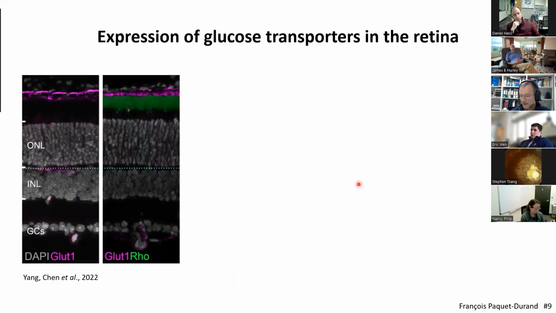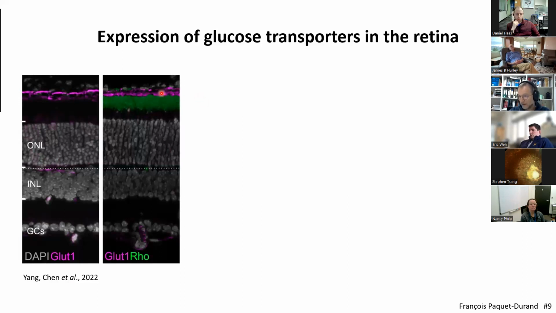So the first thing that we looked at was the expression of glucose transporters. What you see here to the left are cross-sections through a retina, where glucose transporter 1 is labeled in magenta, and it's strongly expressed in the RPE cells. Green is a co-labeling with rhodopsin.